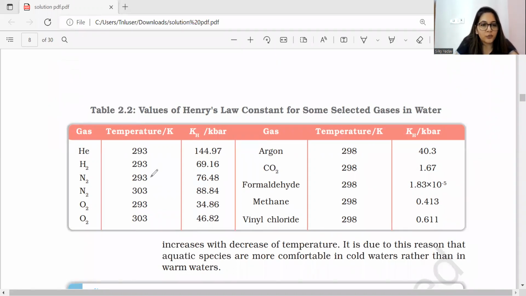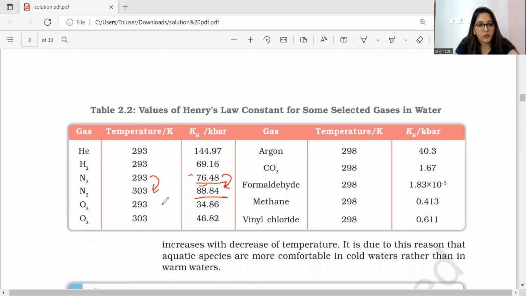Okay. Now, see, I was talking about this. As I'm increasing the temperature of nitrogen gas from 293 to 303, the KH value is also increased from 76 to 88, right? That means with the increase of KH value, the concentration of solute has decreased.